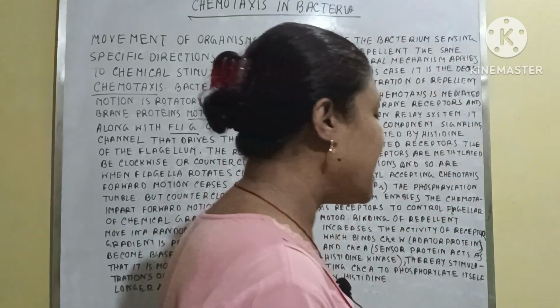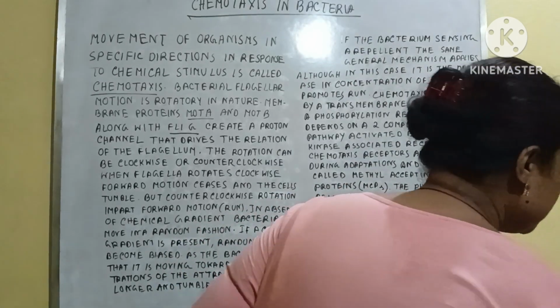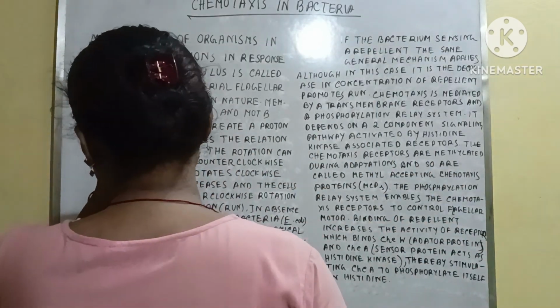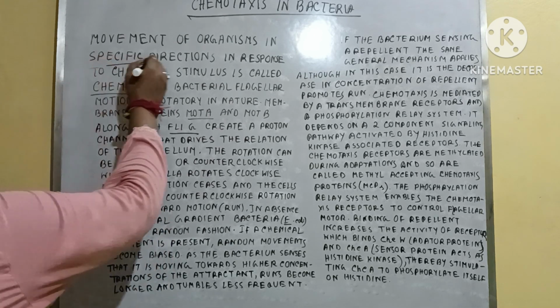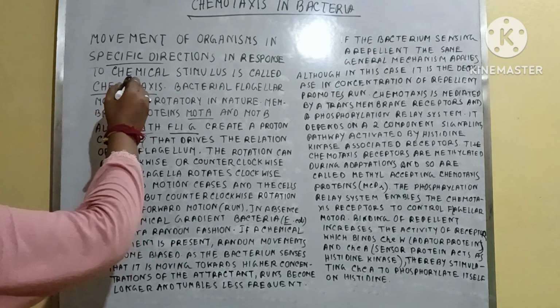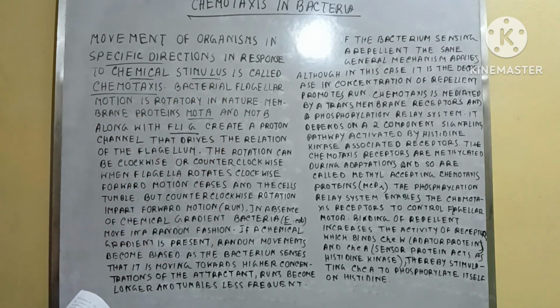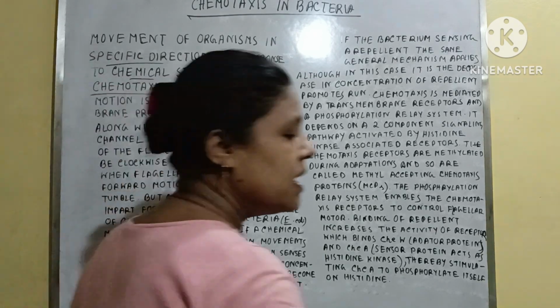Okay, so let's start. That is the chemotaxis in bacteria. So here the chemotaxis meaning is the movement of organisms in a specific direction in response to a chemical stimulus. So what is called the chemotaxis?